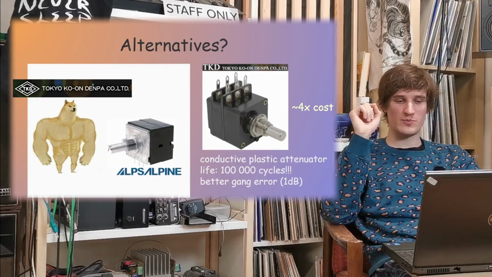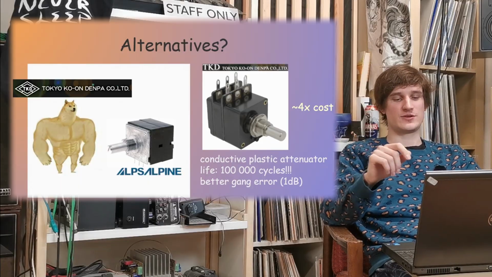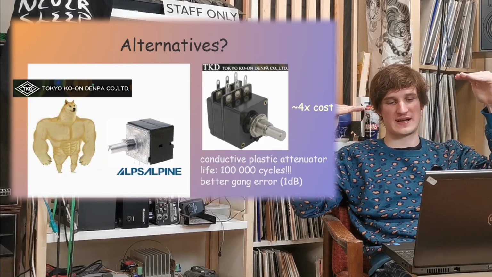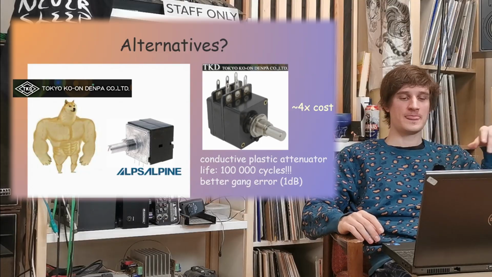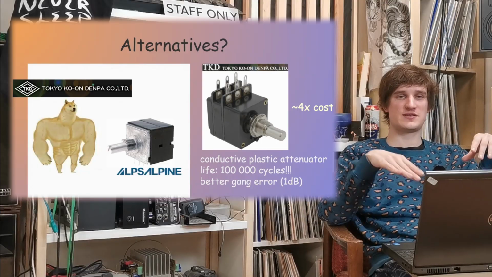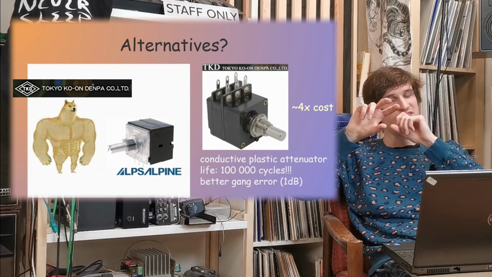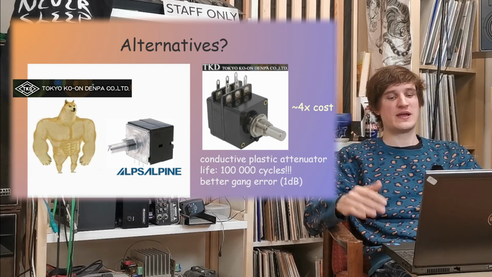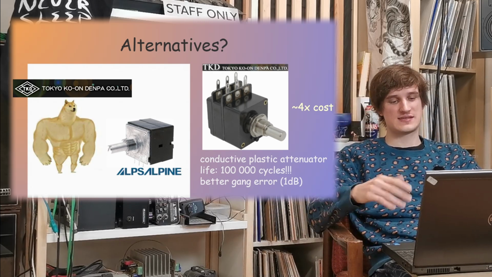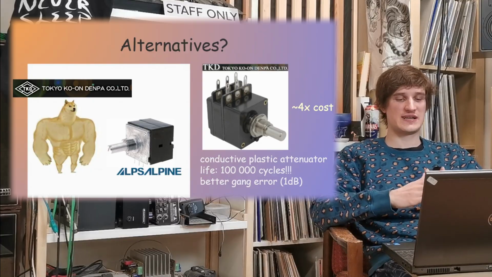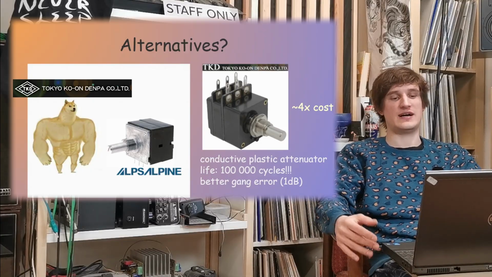So it's much more durable, and also it has even better gang error. This 1 dB is stated from -10 dB to 0 attenuation, so at the very end of the range, but still this potentiometer has even better gang error than Alps.